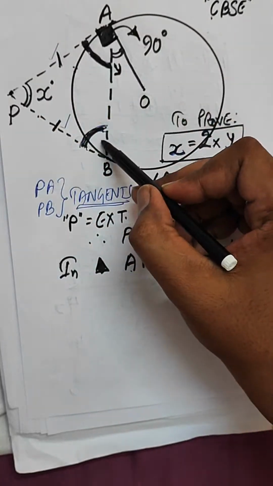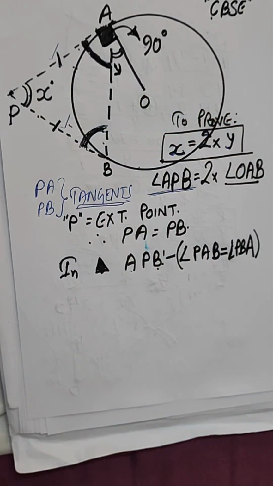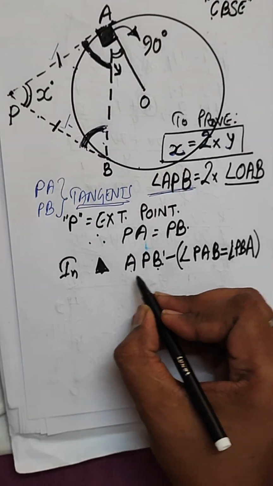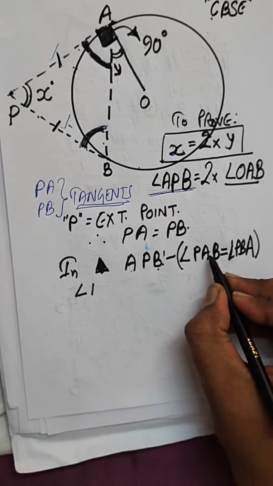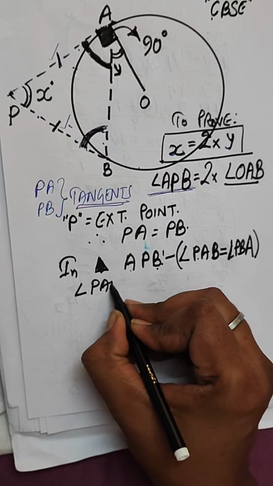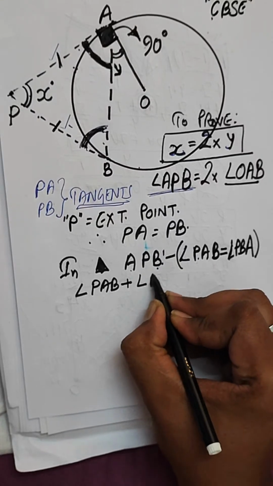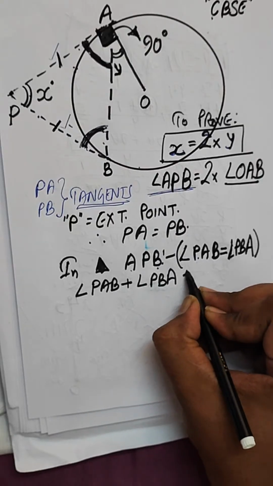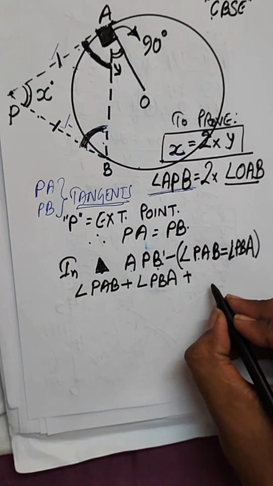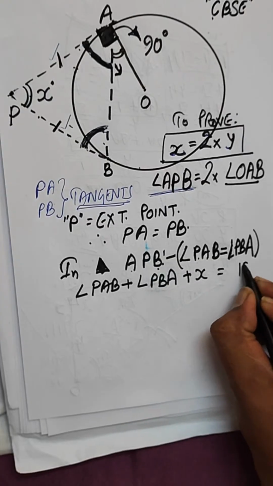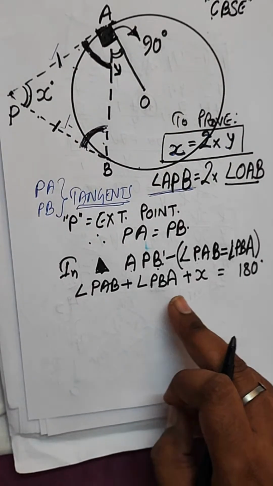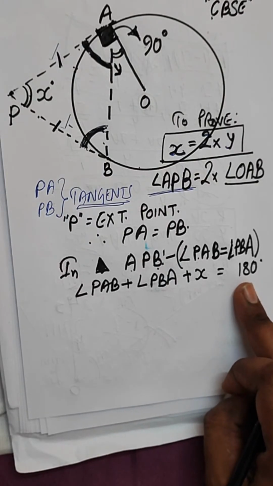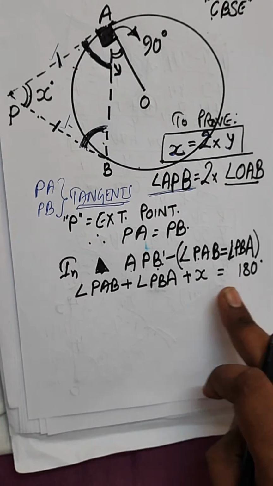Since these two angles are equal and the sum of all the angles of a triangle is 180 degrees, we can write angle PAB plus angle PBA plus this angle X is equal to 180 degrees.